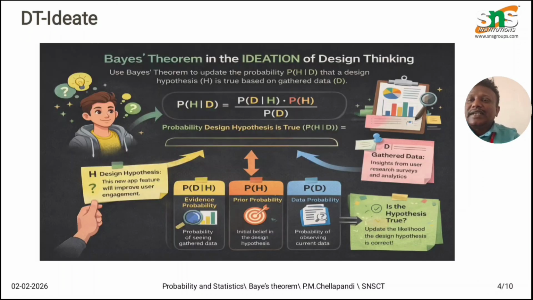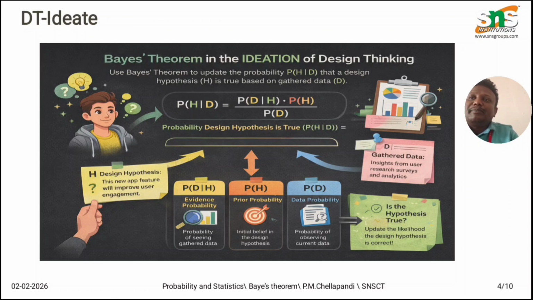Let us come to the next slide. Here we are going to ideate our concept. First, let us see the general formula. It is P of H given D is equal to P of D given H times P of H divided by P of D. Here, P of H given D is the posterior probability, which is what we want to find, right?